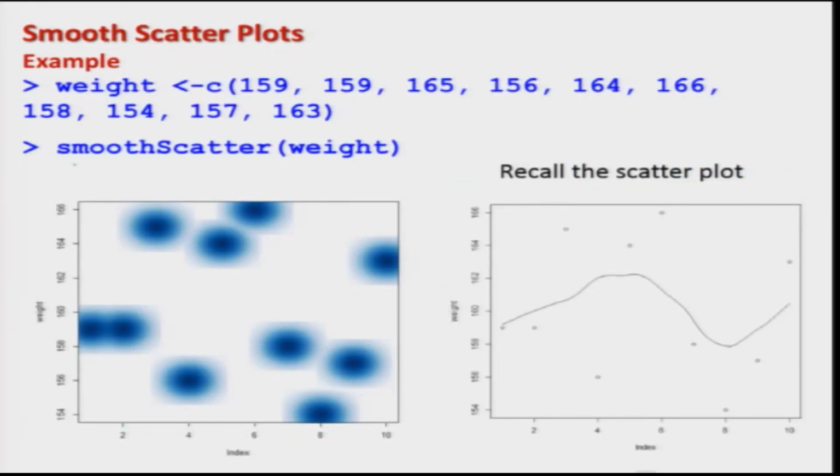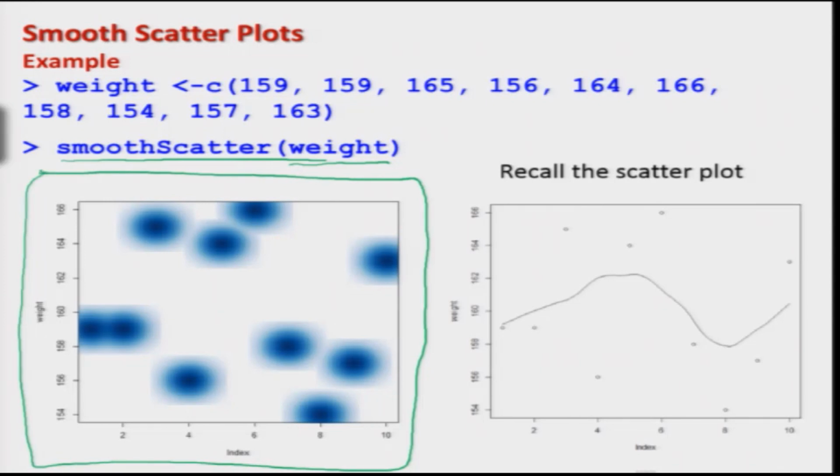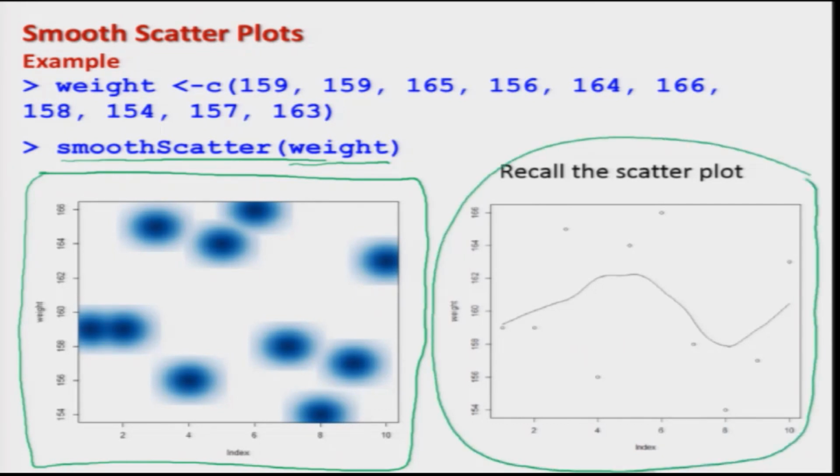So you can see here, when I use the command smooth scatter for the data on weight, I get a graphic like this one. What are these points and what is this showing? Now if you try to recall, the earlier plot that was obtained was like this.